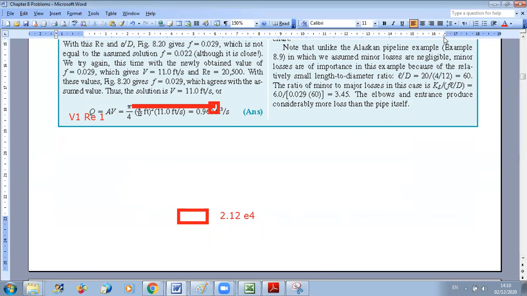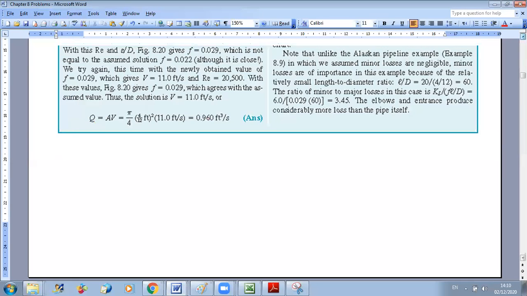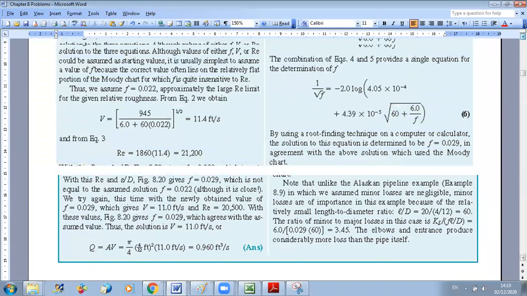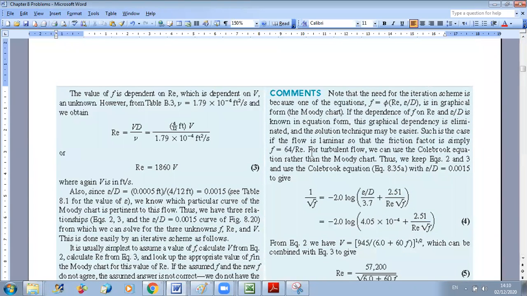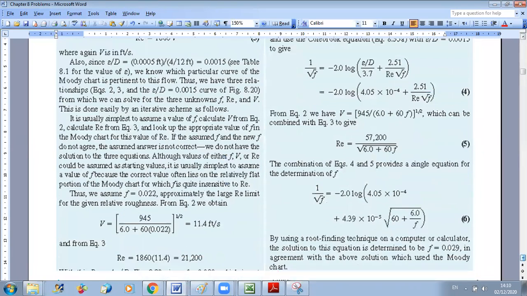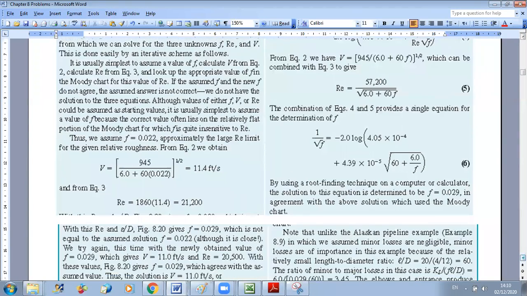Let me check here. Yes, here it is. Now it's 20.5.